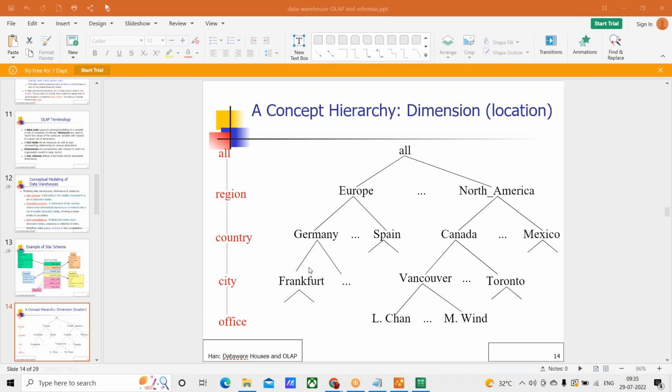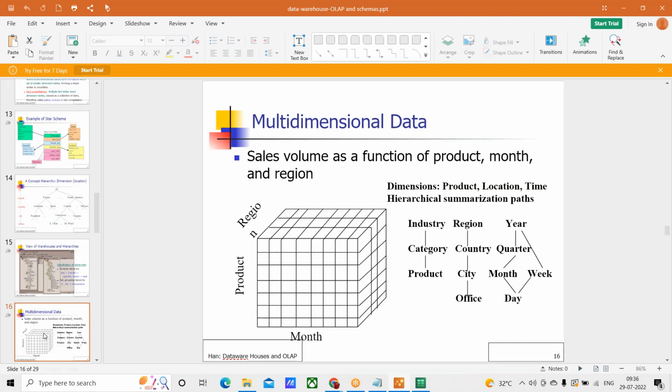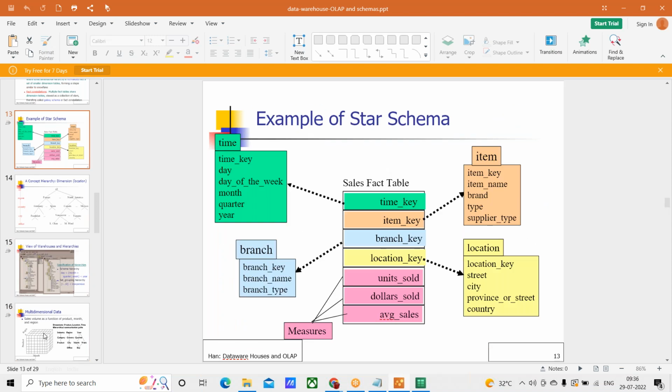So when you take one dimension, you are dividing it further, like this: region, country, city, office, year, quarter, month, week, day. If you want to divide a dimension further, then it will become a Snowflake schema.